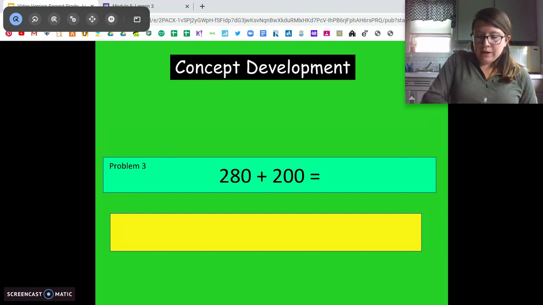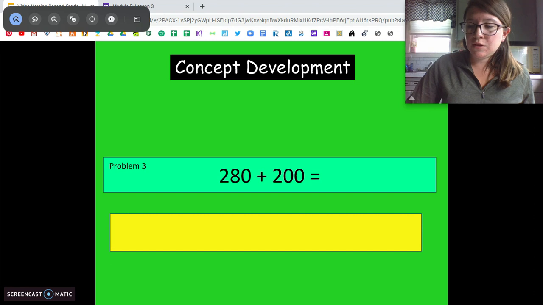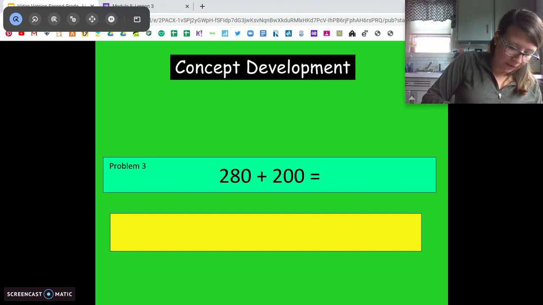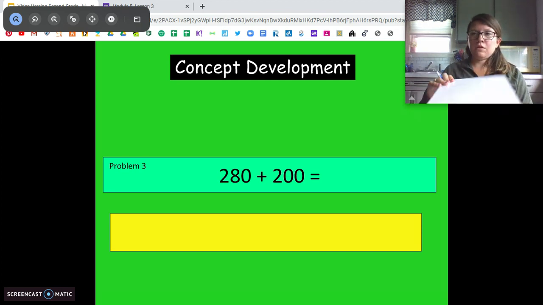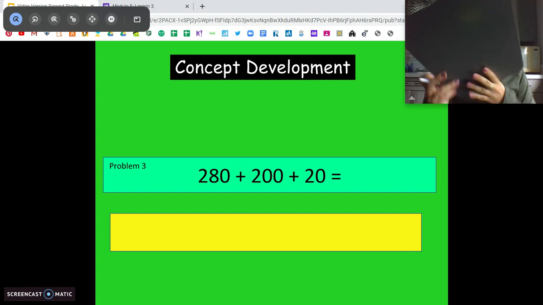Show me the arrow way of writing this. 280 plus 200. So you're going to start with 280, and then we're going to arrow way add 200. What'd you get? Good. All right, now add another 20.